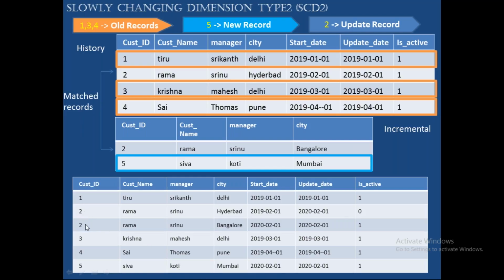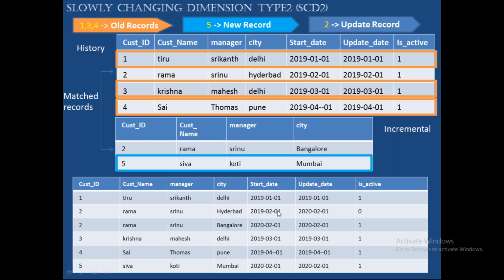If you look at the 2 here, you see 2 Rama Srinu Hyderabad, and this is the start date, this is the updated date. So here you see previously 2 is the person who is in Hyderabad. From which date to which date is he in Hyderabad?